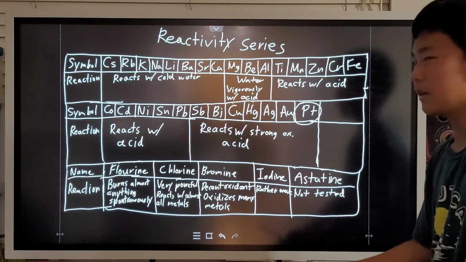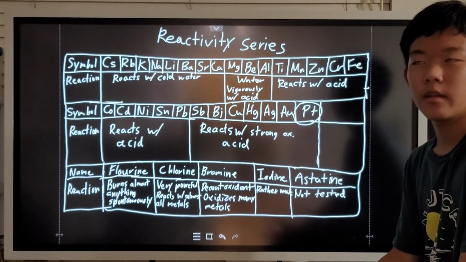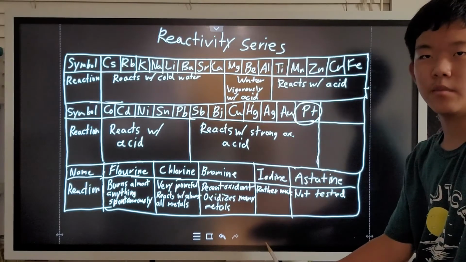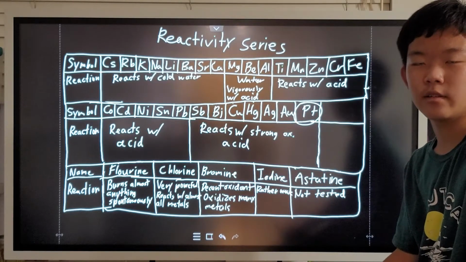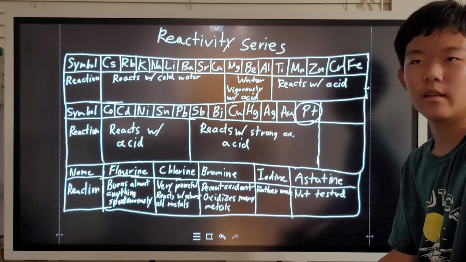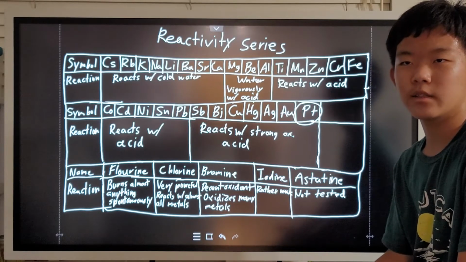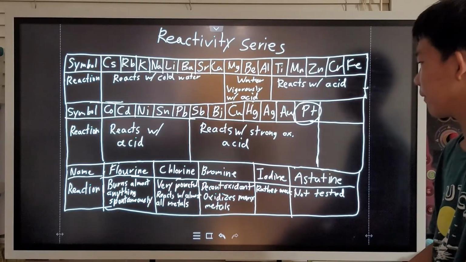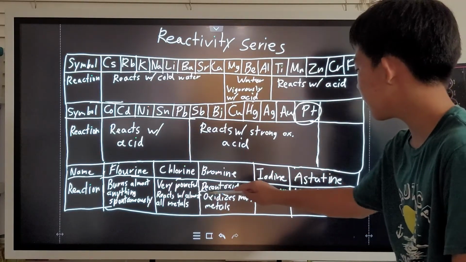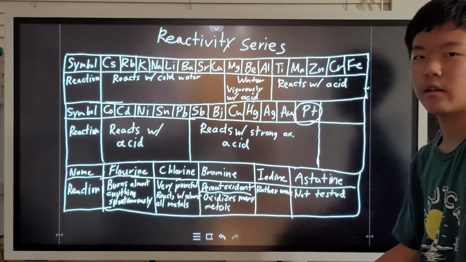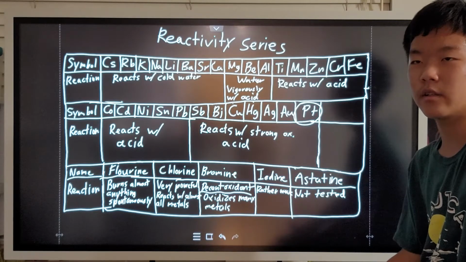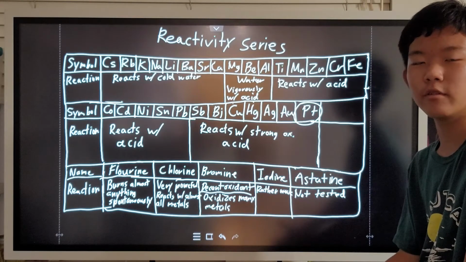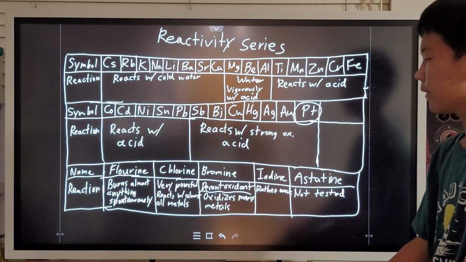Now, bromine isn't that strong. As you go down the periodic table, on the halogen side of the table, the elements will be less willing to gain electrons and therefore become weaker oxidants. So bromine, I'd say it's a decent oxidant, not too strong, not too weak, and it will react with many metals.